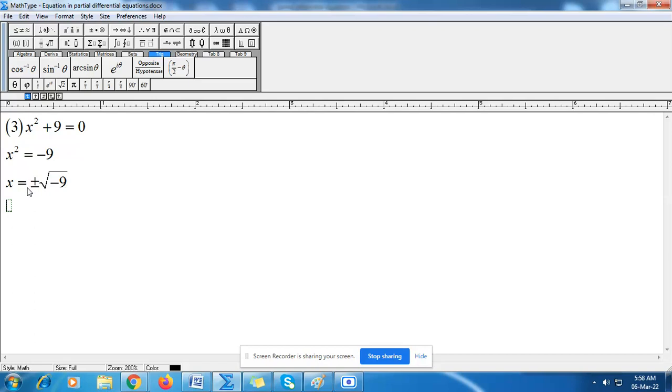This is equivalent to plus or minus root 9 is 3. For a negative in the square root, we write i. Whenever we observe a negative in the square root, we have to put i. So x equal to plus or minus 3i are the roots.